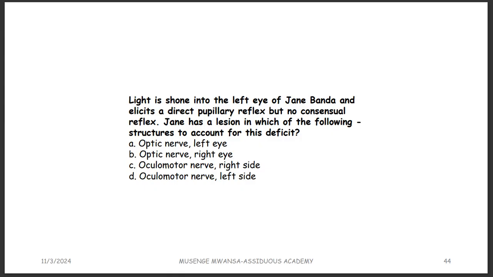Okay, they're even stating the side: optic nerve left eye, optic nerve right eye, oculomotor nerve right side, oculomotor nerve left side. Which one can we pick here? Oculomotor nerve right side. Is there another option?